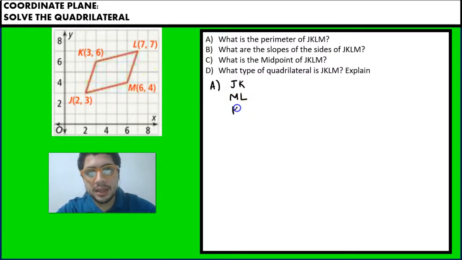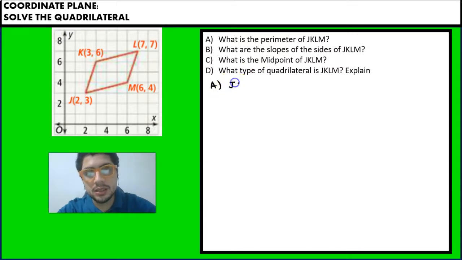We have to find KL, and we have to find JM, which are the upper and the lower sides. In order to find the perimeter, we're going to use the formula for distance on each and every one of these sides, and then we're going to add them to get the perimeter. Now, let's begin with the first side.